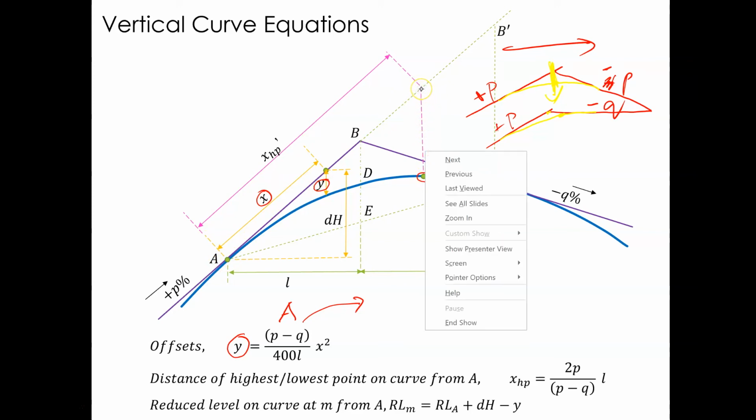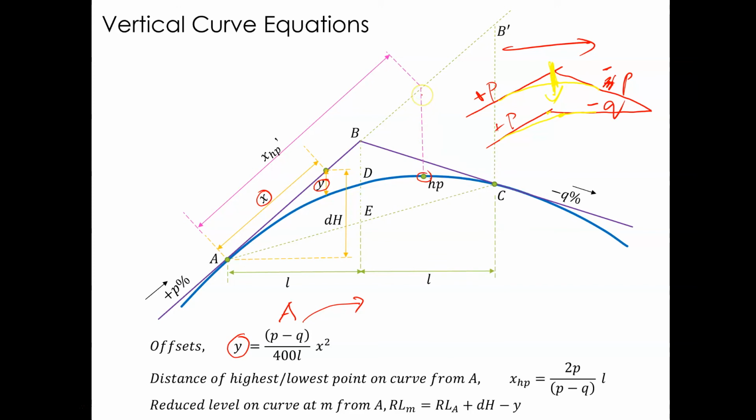It is given by the equation: the distance of the highest point from A will be 2p divided by (p minus q) over L.